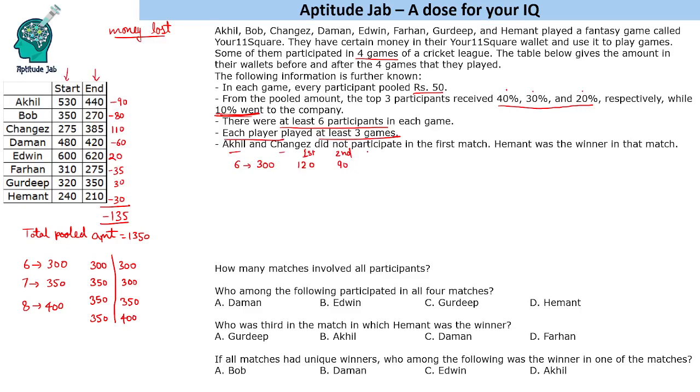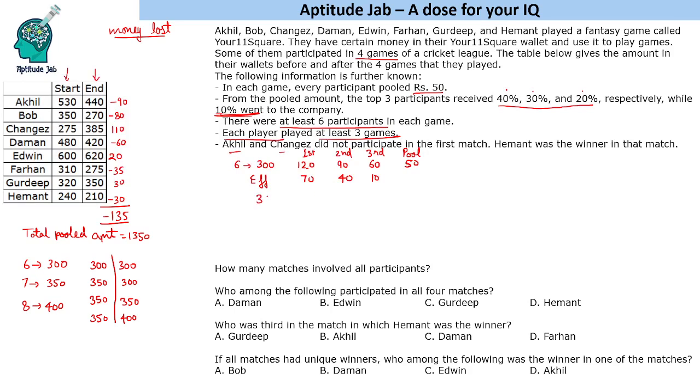And the third person gets 20%, which is 60. But they are pooling in 50 rupees. So first they are putting in 50 rupees and then they are gaining this much. So their effective gain is 70 rupees, 40 rupees, and 10 rupees.